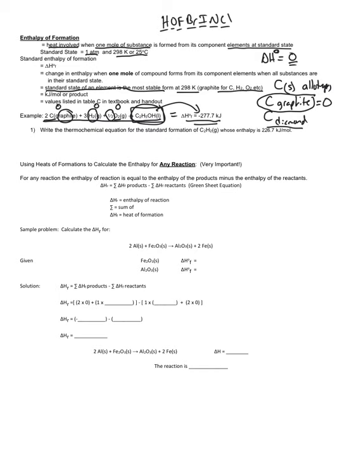Okay? All right, real quickly, write a thermochemical equation for the standard formation of C2H2, acetylene, whose enthalpy is positive 226.7 kilojoules per mole. Write a reaction just like the example above. We have to make 1 mole of C2H2.